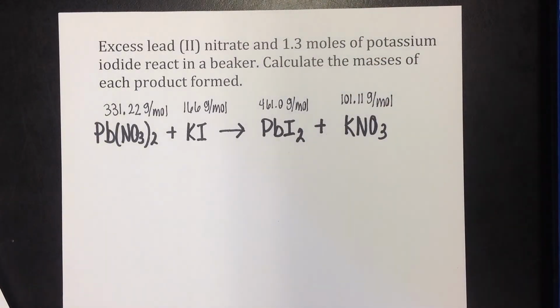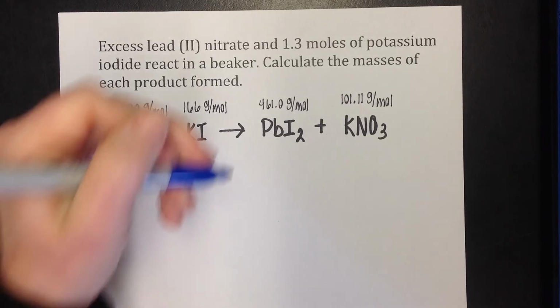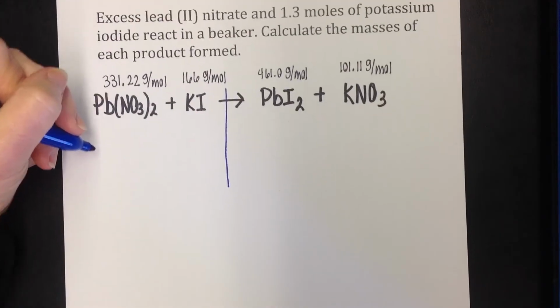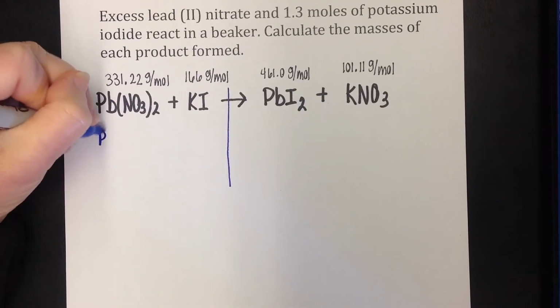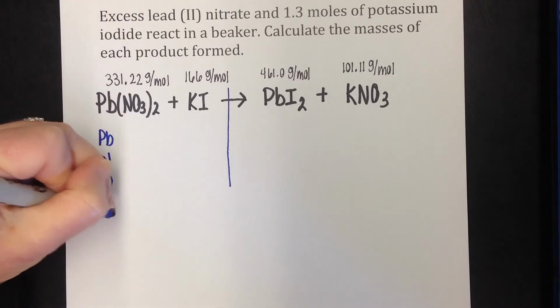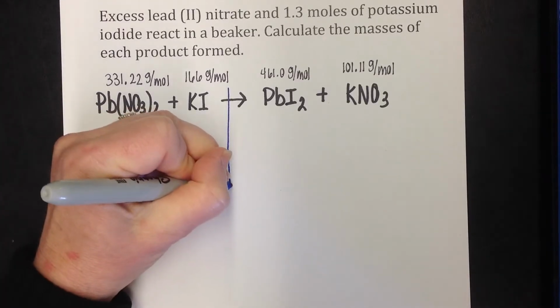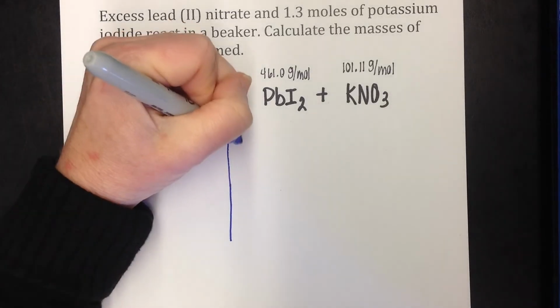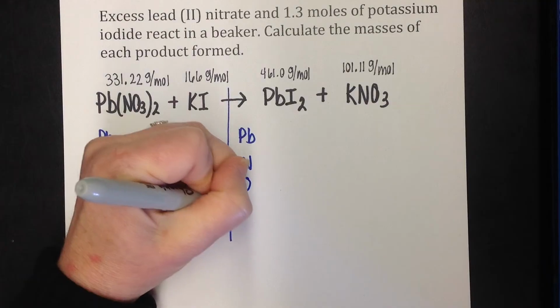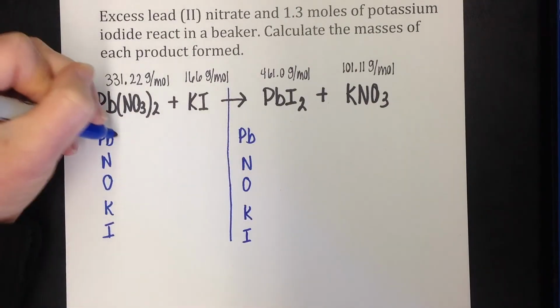So now that I've got that done, I'm going to balance this so I can have the correct coefficients for my mole-to-mole ratio. So we're going to divide this in half and take an atom inventory. I have lead, nitrogen, oxygen, potassium, and iodine. I'm going to repeat that list on the other side. Lead, nitrogen, oxygen, potassium, and iodine.